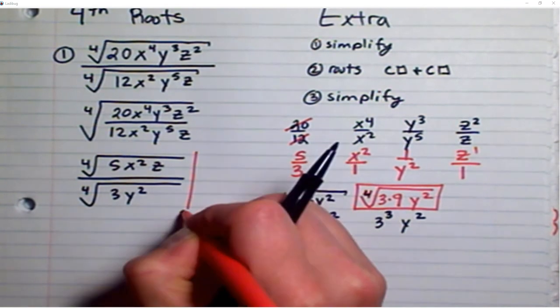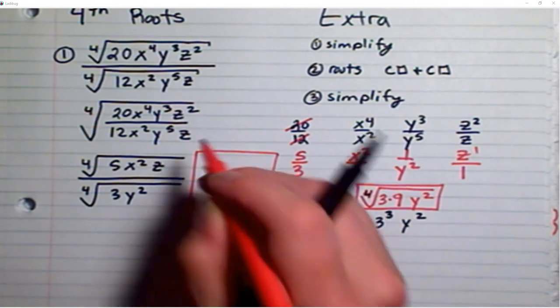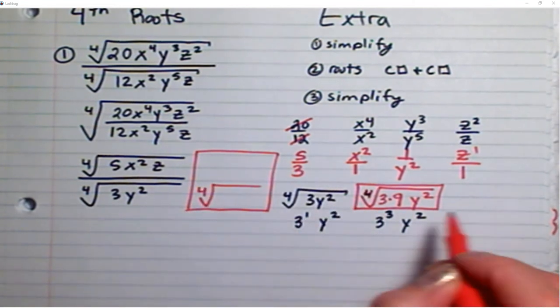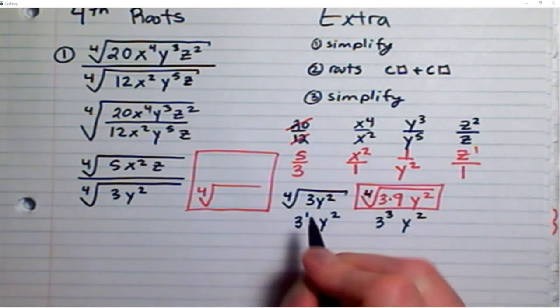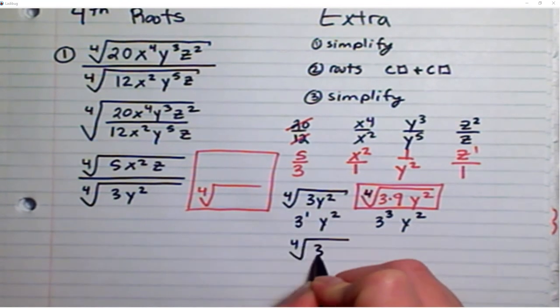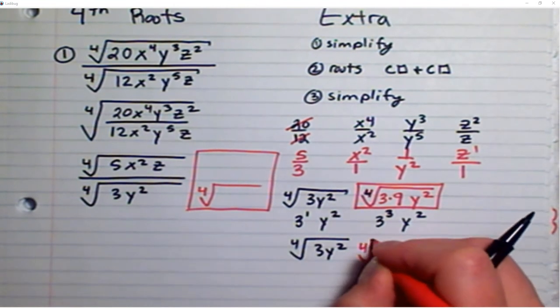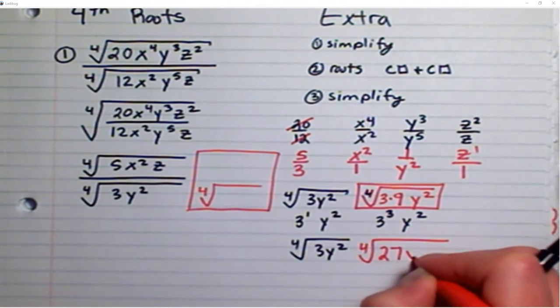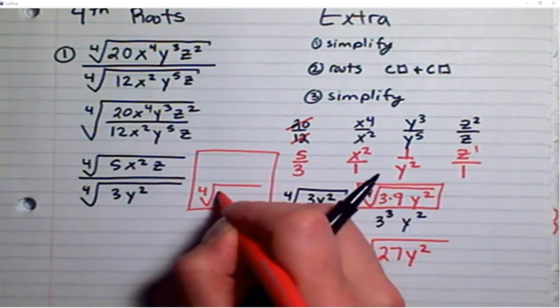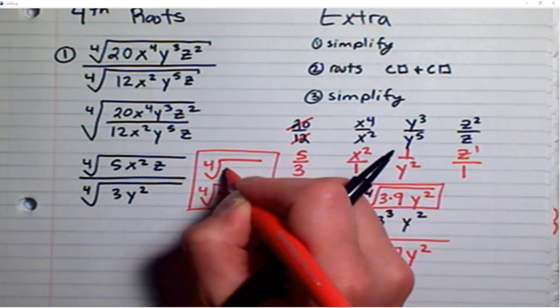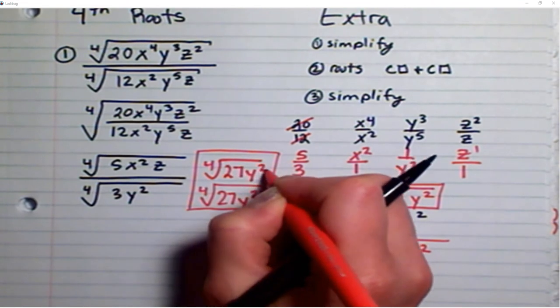So now I'm going to come over here and write this in. I'm going to multiply by the fourth root of 27y squared. That's what it is, fourth root 27y squared.